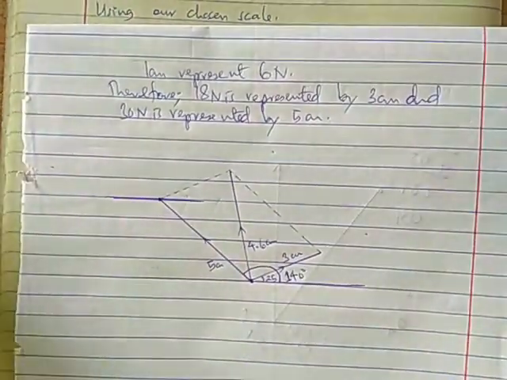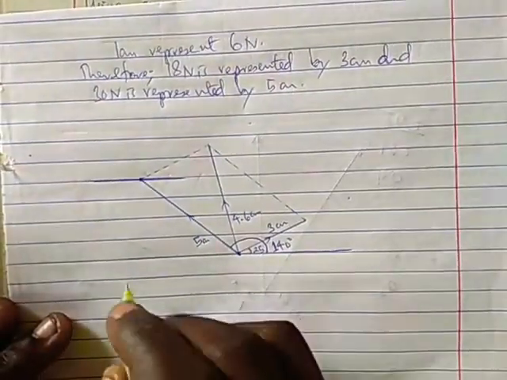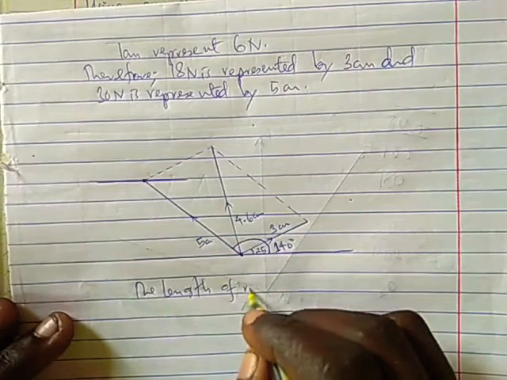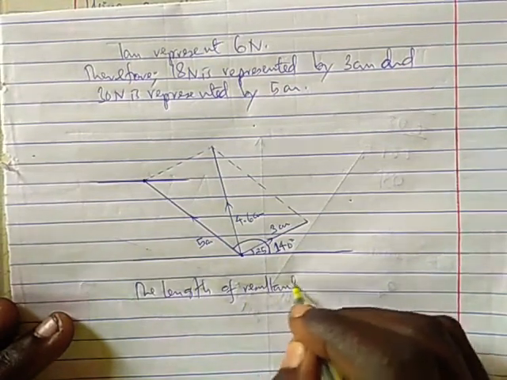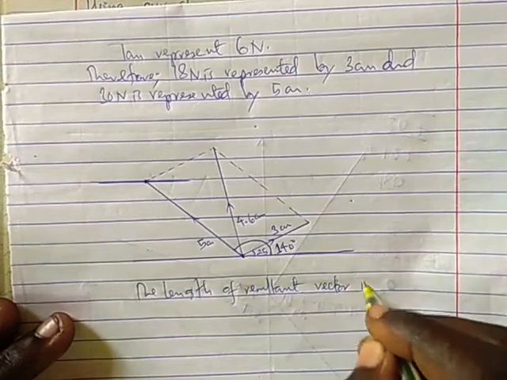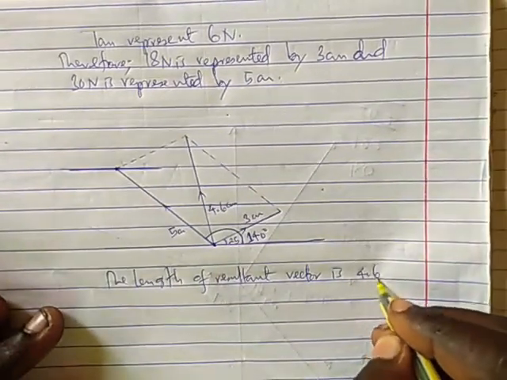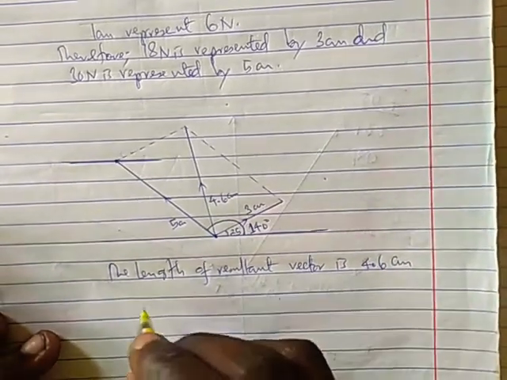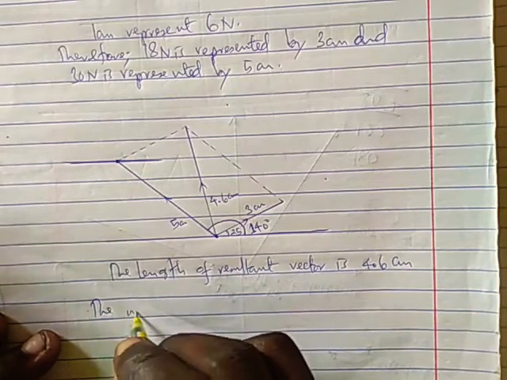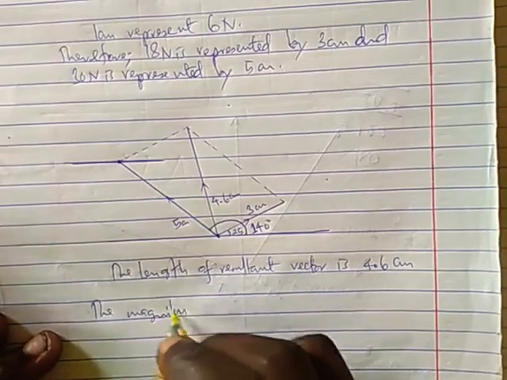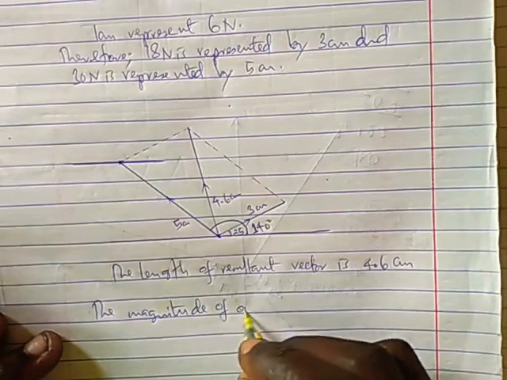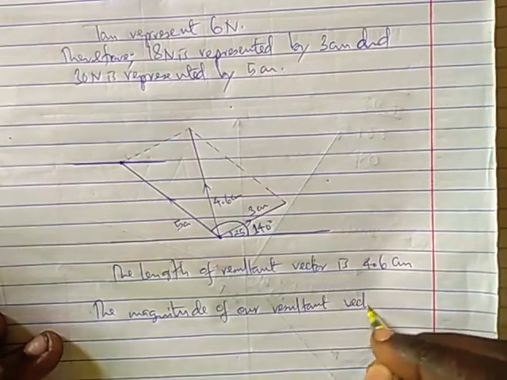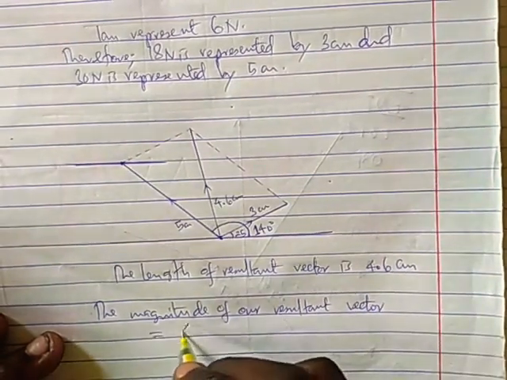So the length of resultant vector is 4.6 centimeter. So from 4.6 tutasema the magnitude of our resultant vector itakuwa ni sawa na 4.6.